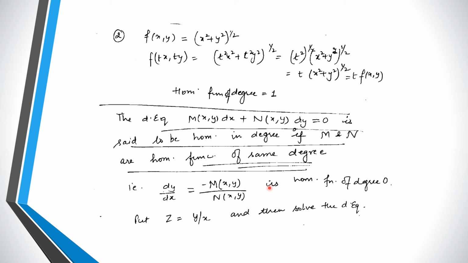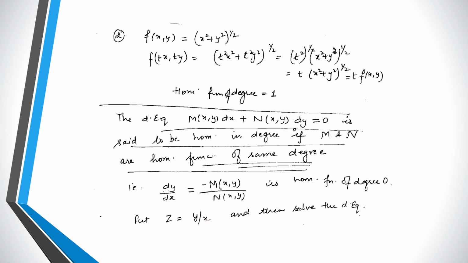It will be converted into variable separable after substituting z as y upon x. But both numerator and denominator must have the same degree, only then you can substitute y is equal to z times x and simplify this.